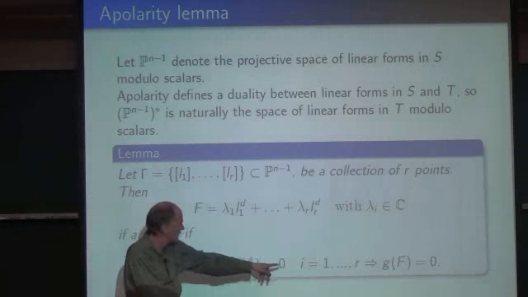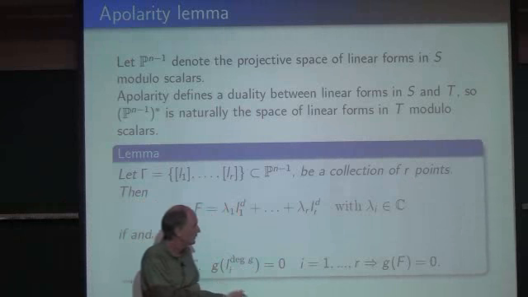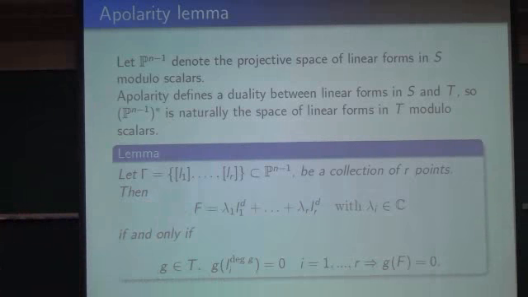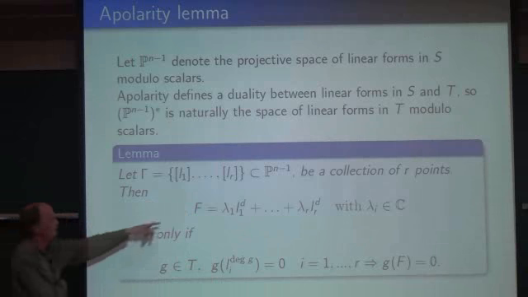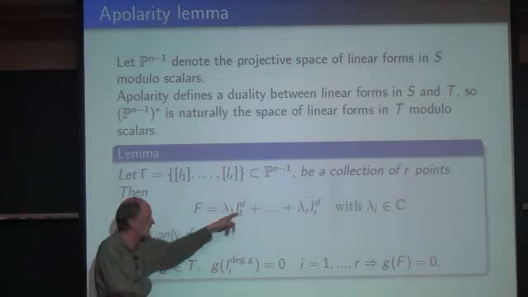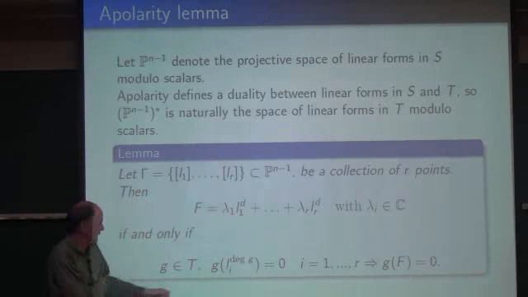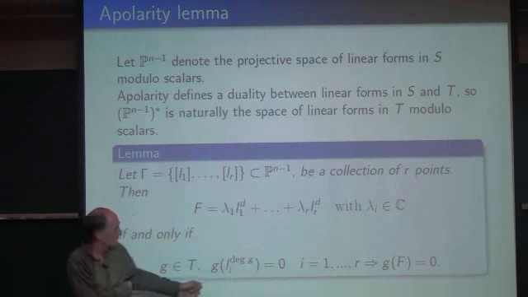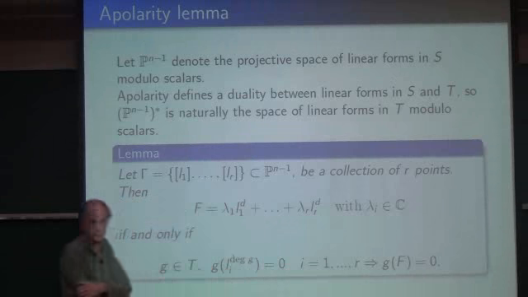If they kill all of these linear forms, then they kill f. So this is an if and only if statement. F can be expressed this way if for every g that kills all the L_i, it also kills the f.